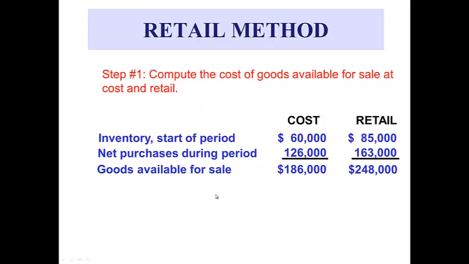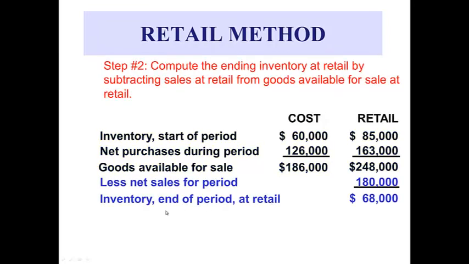So just like the other problem, goods available for sale are beginning inventory plus net purchases. So we have our goods available for sale at cost and at retail. In the next step, we're going to compute the ending inventory at retail by subtracting the sales at retail from goods available for sale.